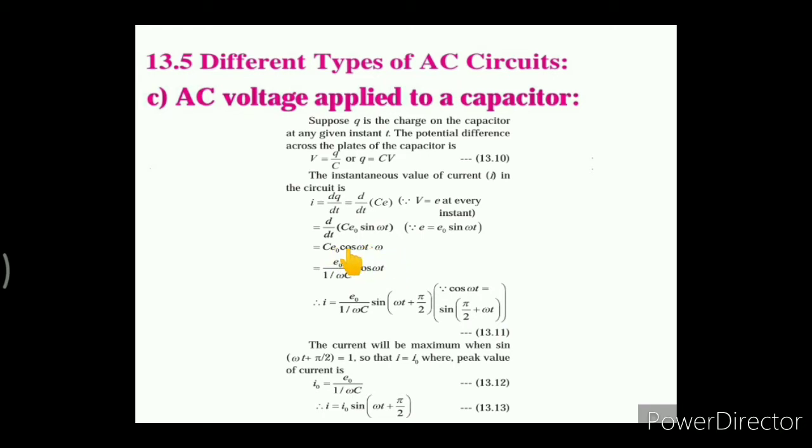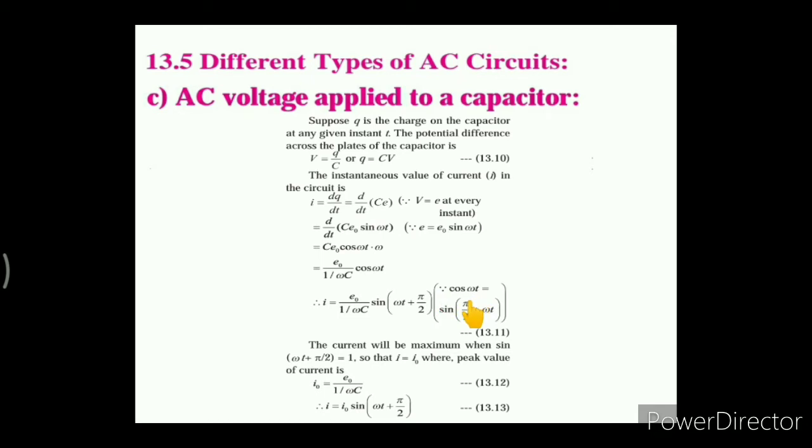So here we can write this equation as E0 into C omega into cos omega t, where C omega can be written in the denominator as E0 upon 1 upon omega C. The factor remains the same, as C E0 into omega. We are just rearranging the equation here. So we can write it as E0 upon 1 upon omega C into cos omega t.